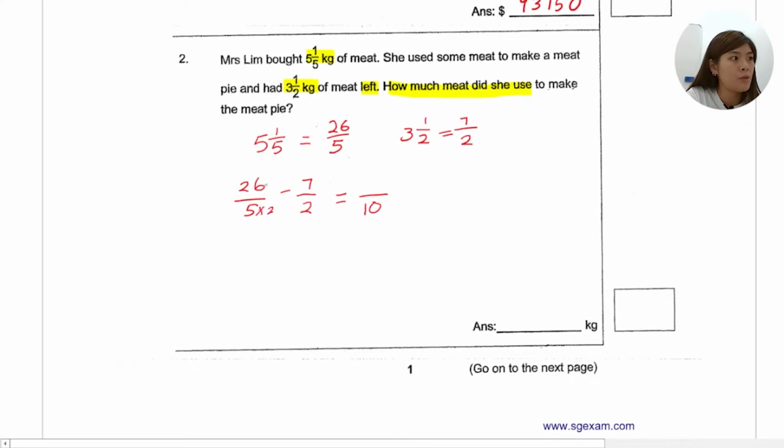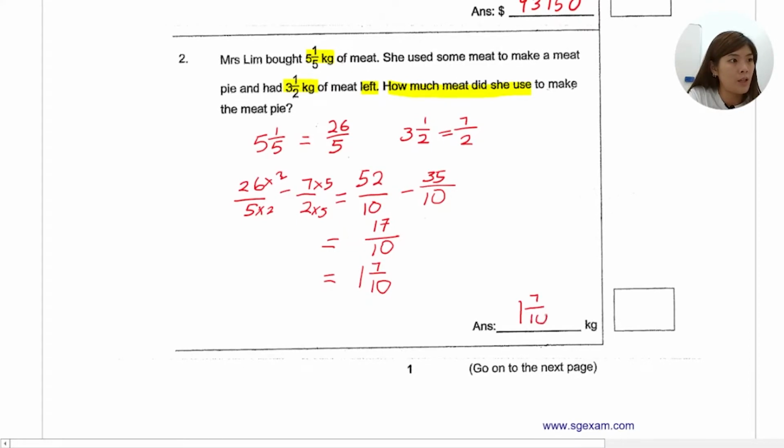Times 2, times 2, gives 52/10, minus, times 5, times 5, gives 35/10. Your final answer would be 17/10, and changing this to a mixed number, it's 1 7/10 kg.